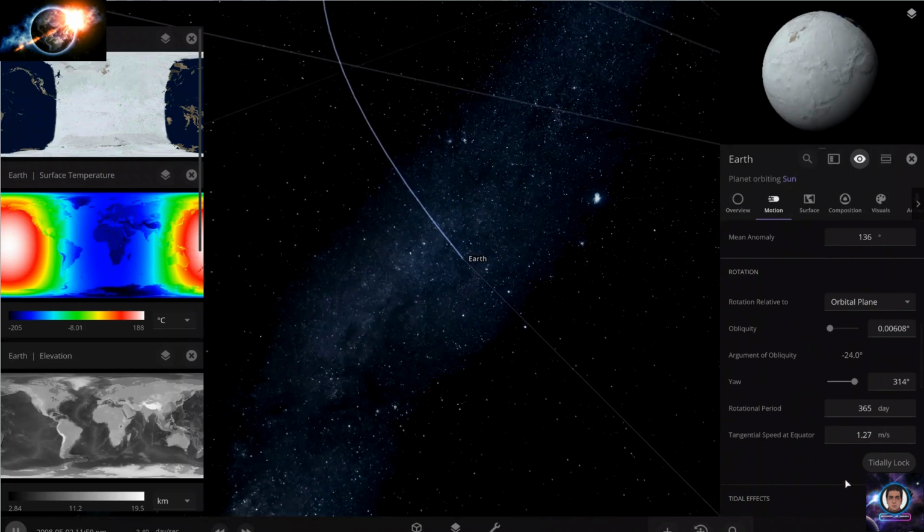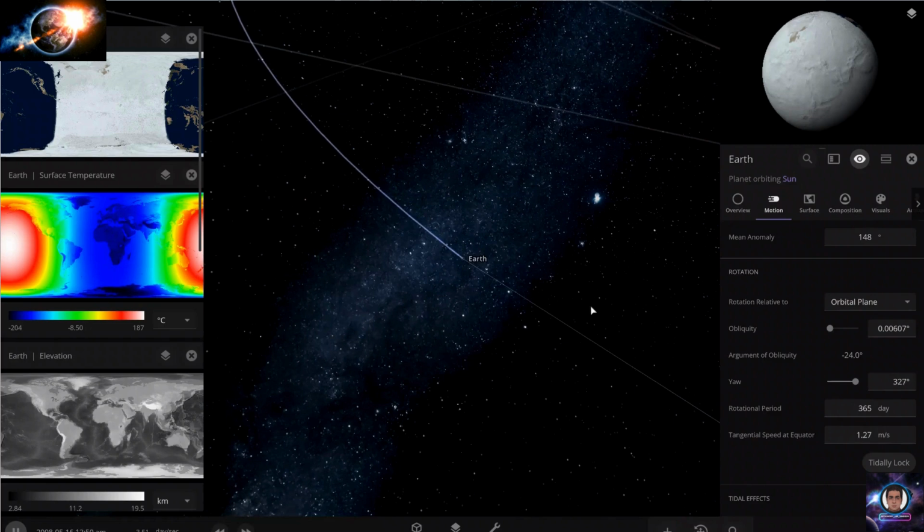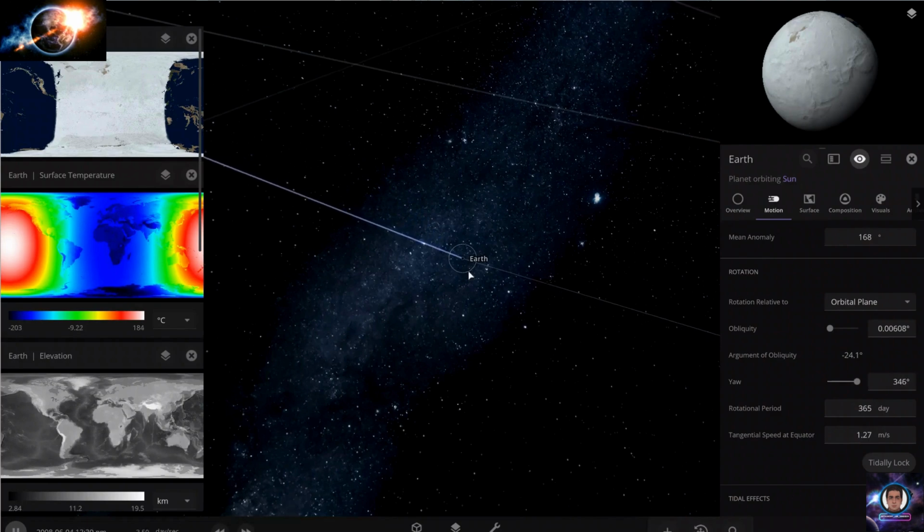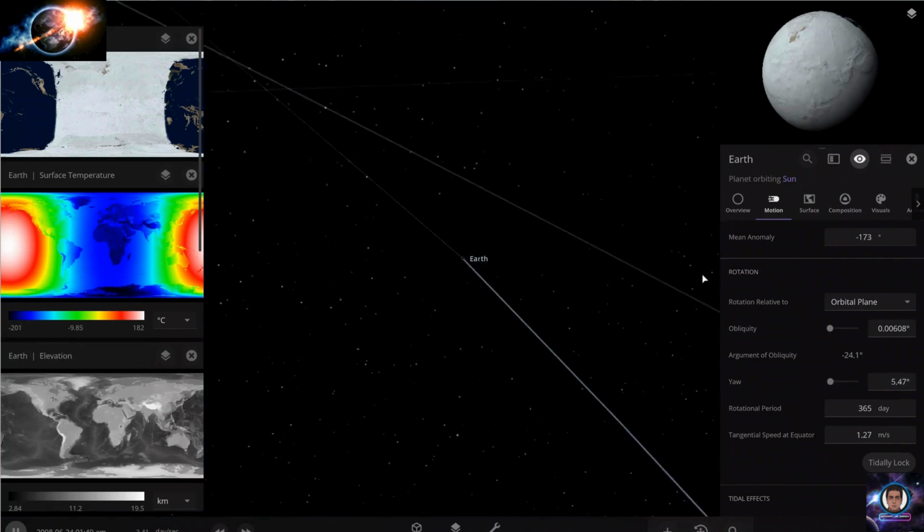It is here in the second tab, motion, tidally lock. You can set the Earth in a situation which doesn't let the Earth rotate around itself, and we couldn't experience days and nights anymore.